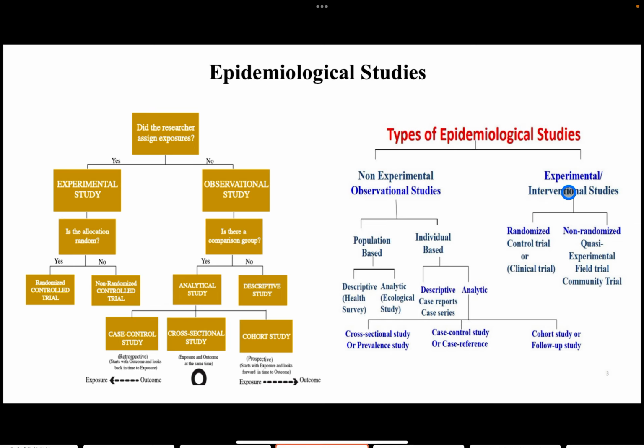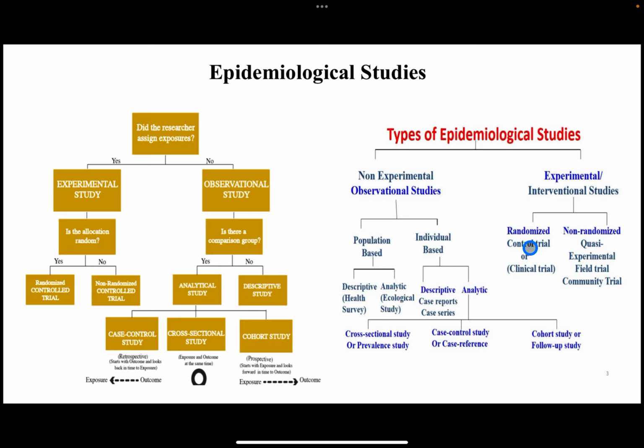Now, what is a randomized control trial or clinical trial under experimental or interventional? You remember I mentioned earlier that in experimental studies, two groups are usually created, or researchers manipulate exposures. In a randomized control trial, the people used to create the two groups were given equal chances of being part of the groups. That is what we call randomization.